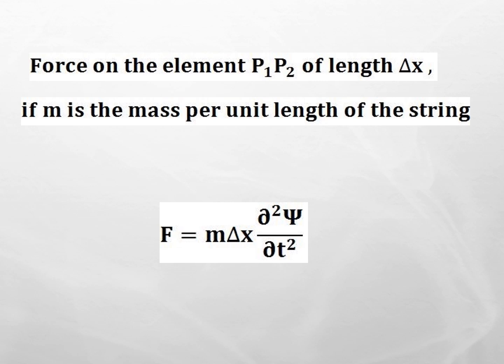That is, for acceleration, we have to write dou square psi by dou t square instead of d square psi by dt square. Therefore, the resultant vertical force F acting on the small element P1, P2 of length delta x can be given as the product of mass and acceleration. That is the mass of the string, which is m into delta x, and its acceleration dou square psi by dou t square.